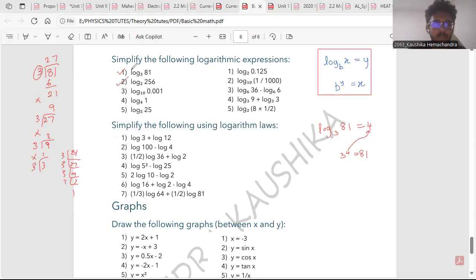Do the second one. Yes. One of you has sent the other answer as well.